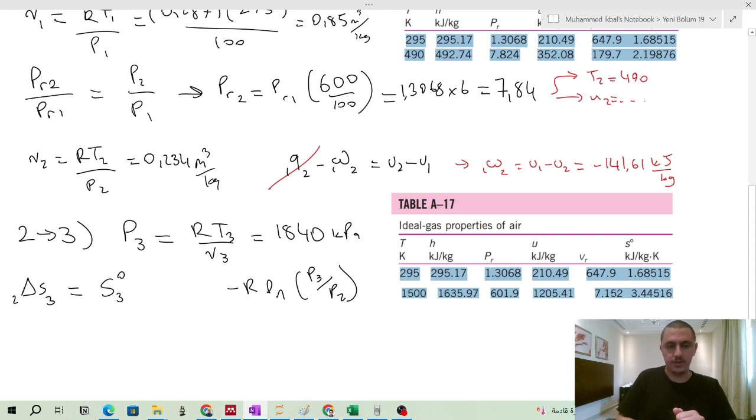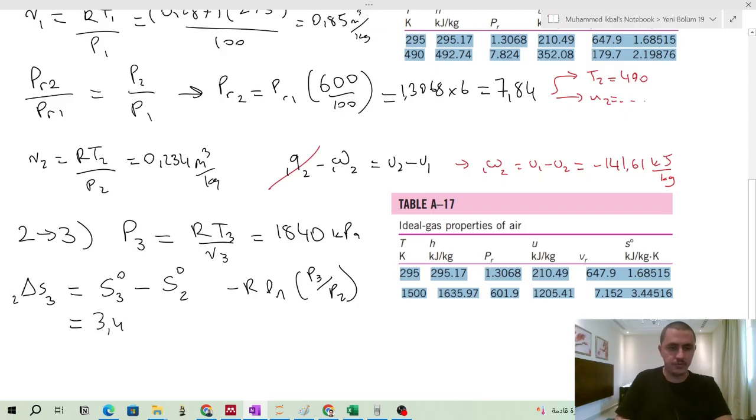These S naught values are not entropy values, but they refer to entropy change corresponding to temperature change. So this can be replaced, and now we don't have any specific heat, and R is constant, right? So we can use this one.